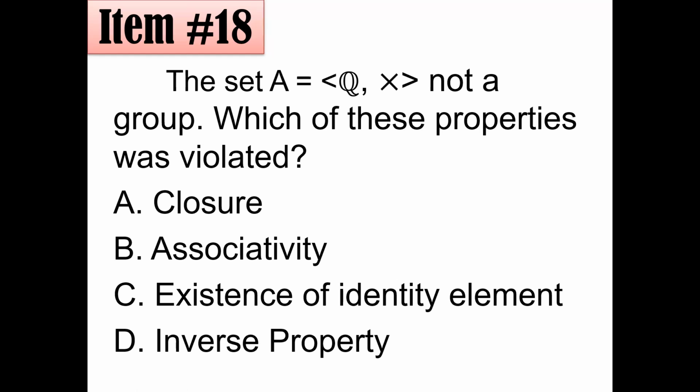Is it A, closure, B, associativity, C, existence of identity element, or D, inverse property? By the way, itong apat na ito po yung apat na properties ng isang group. No? At kapag may na-violate kang isang property, automatic, hindi na group yung set with a certain operation.